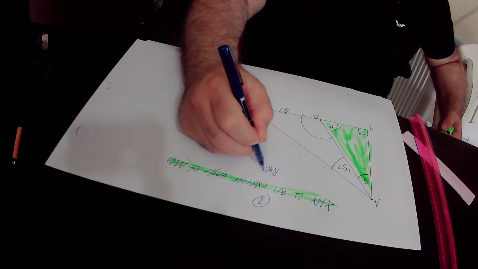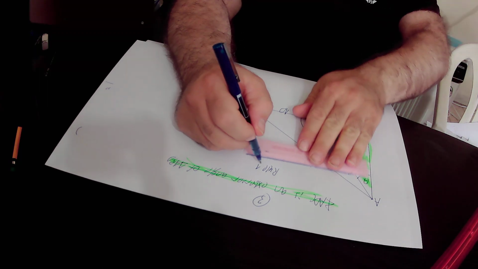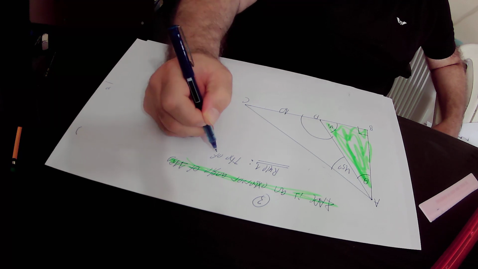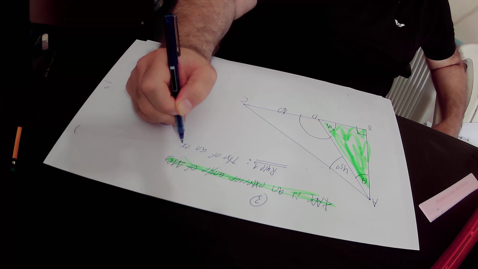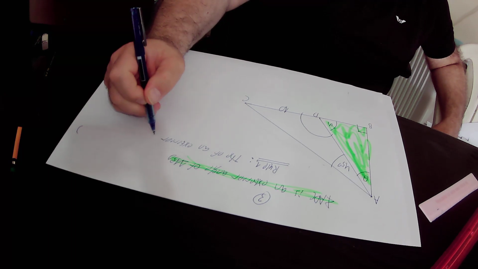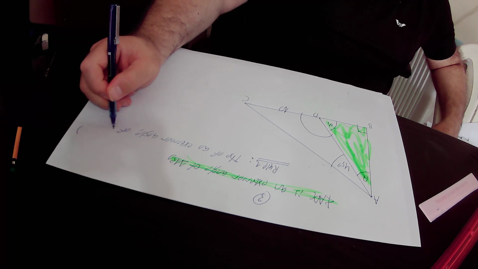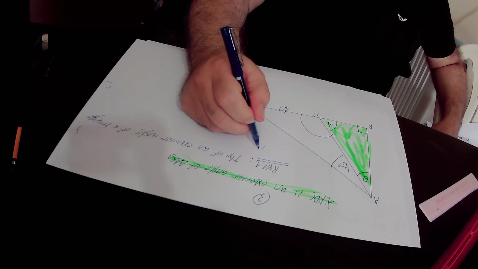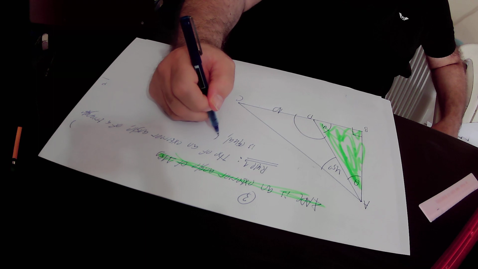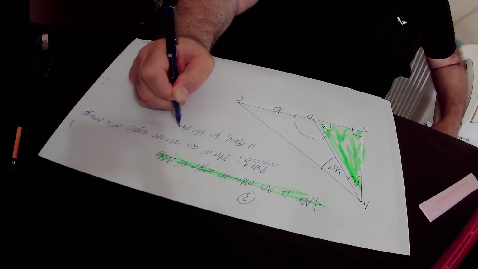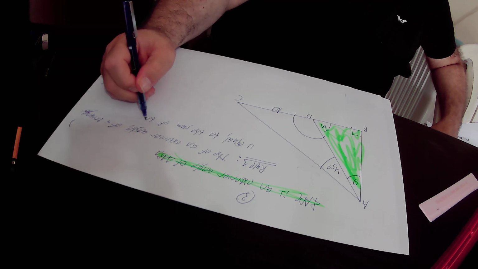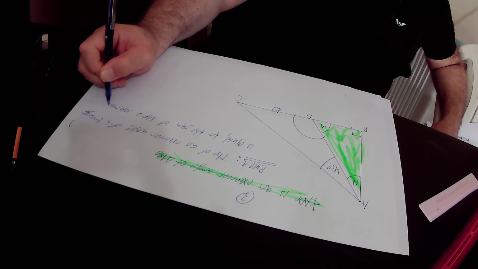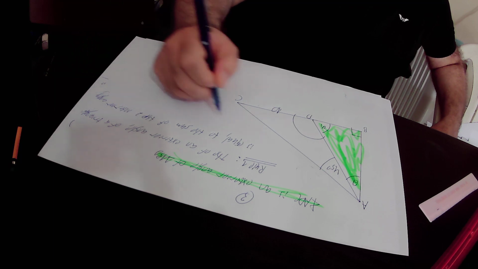According to rule number one, the size of an exterior angle of a triangle is equal to the sum of the two interior angles that are not adjacent to it.